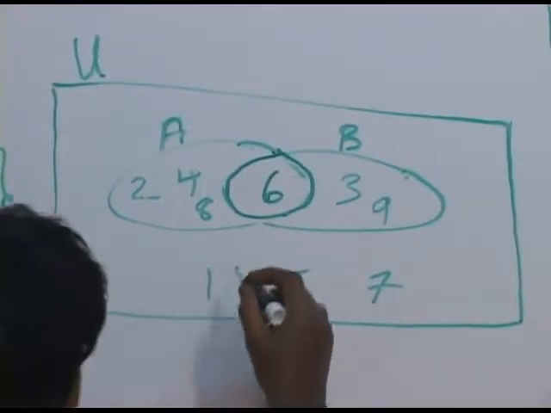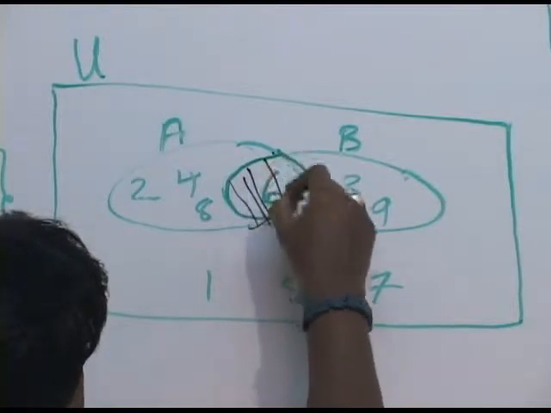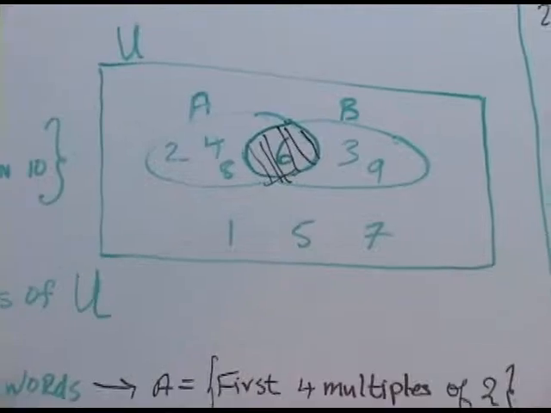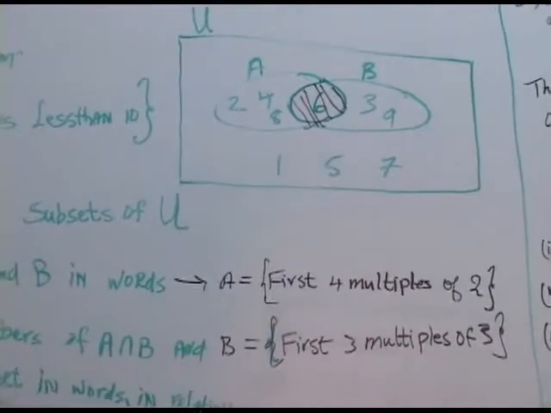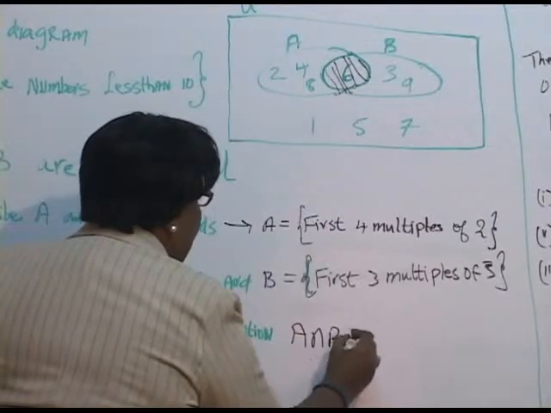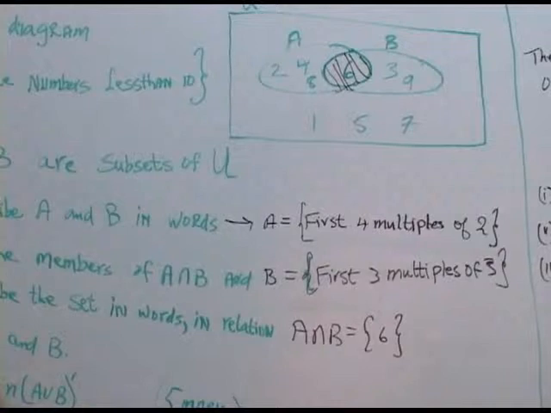And if we look at our diagram up here, we would see the answer right there. So we can say that A intersect B has 1 member, and it is just 6.